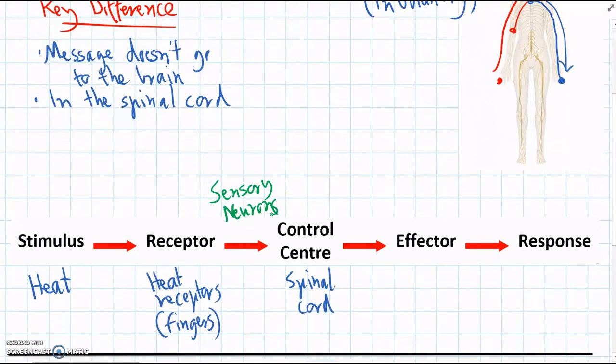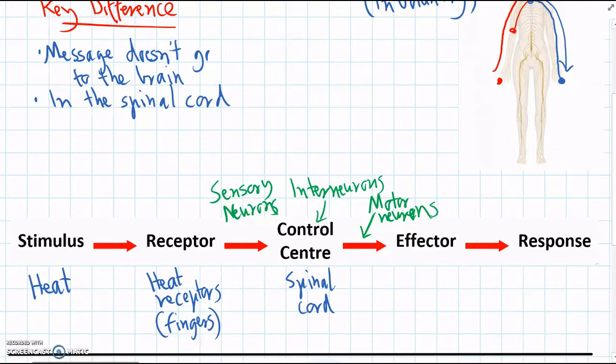And the spinal cord and the brain, remember, are made up of interneurons. And then quickly, that message is sent straight back down to our arm again, using motor neurons. Motor neurons always carry a message away from the central nervous system.